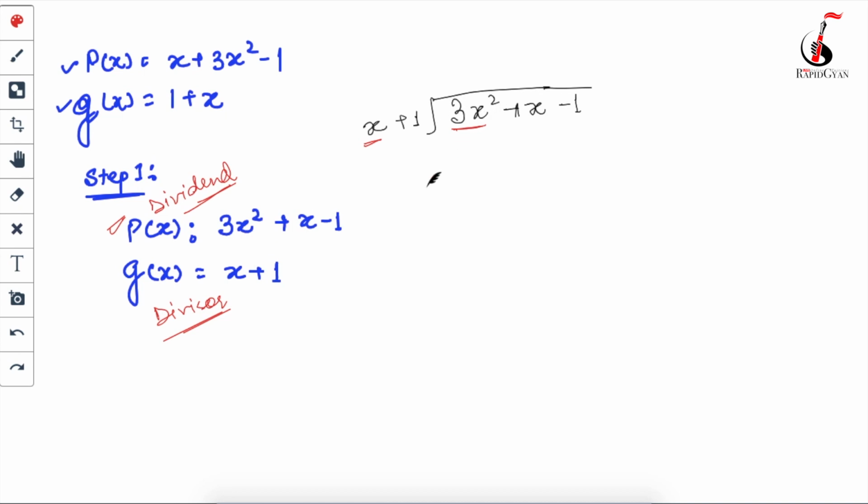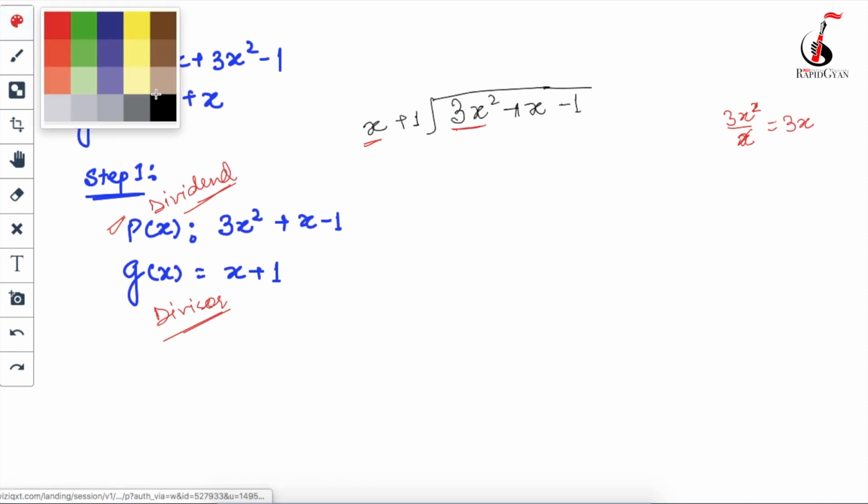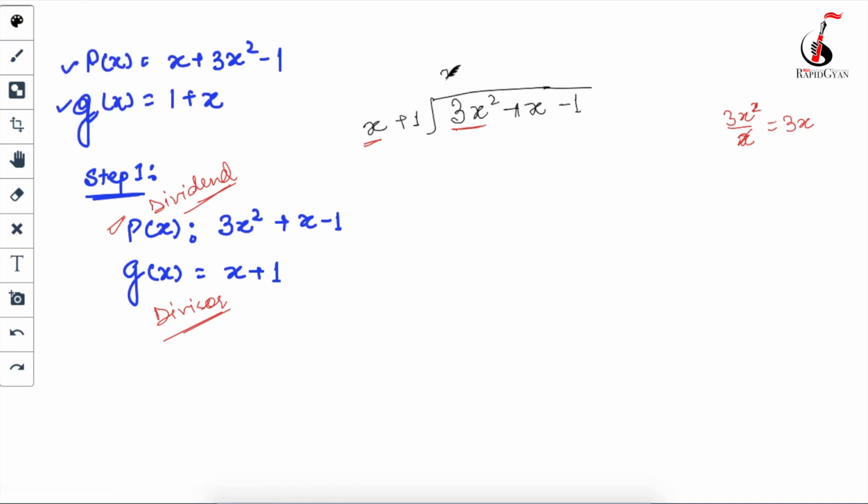The first term of the dividend is 3x square and the first term of your divisor is x. So divide 3x square by x. The x and x will cancel out, you will get 3x, correct? Now this 3x will become the first term of your quotient. Then you will have to multiply your divisor with the quotient.